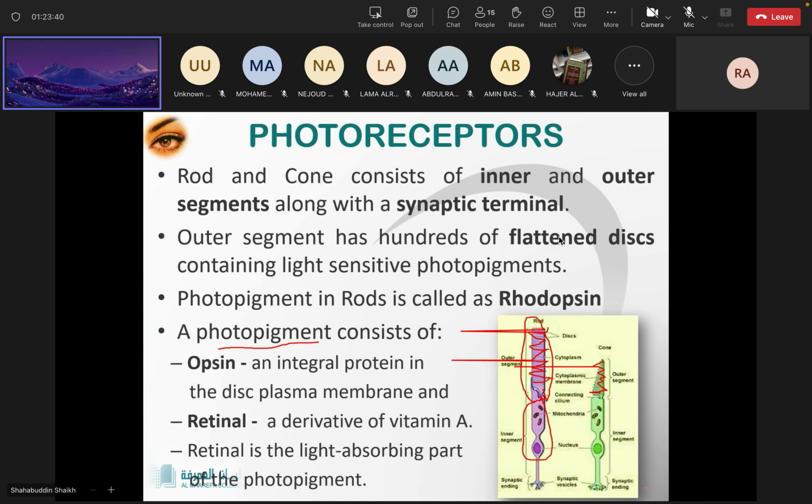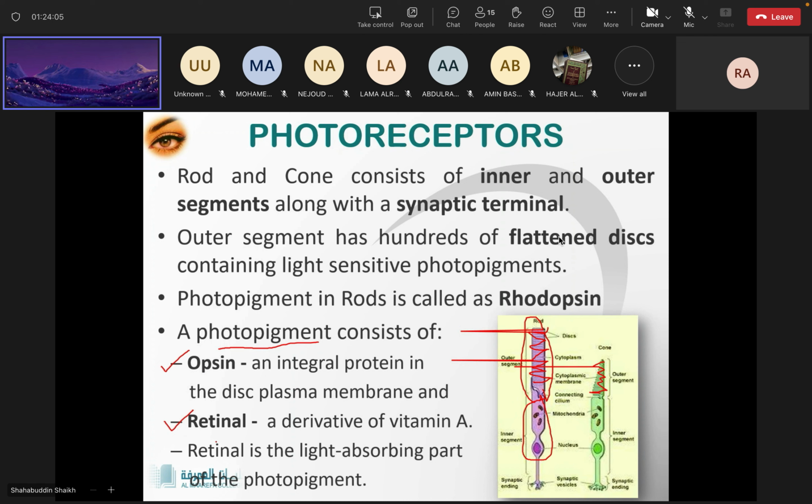Now, this photopigment consists of two important things. One is a protein called opsin. Another is a chemical which is derived from vitamin A called retinal. Clear? So our receptor has got a chemical called photopigment. That photopigment is made up of two parts.